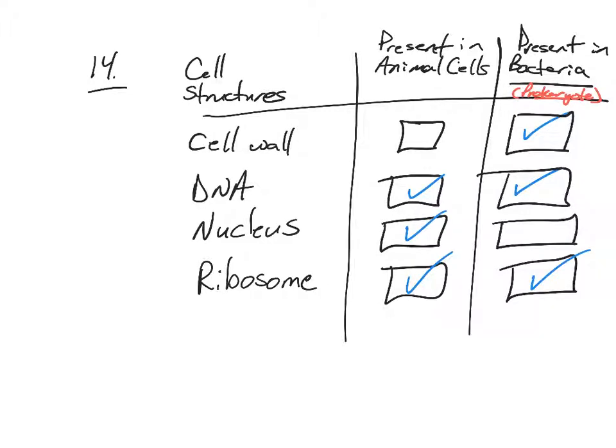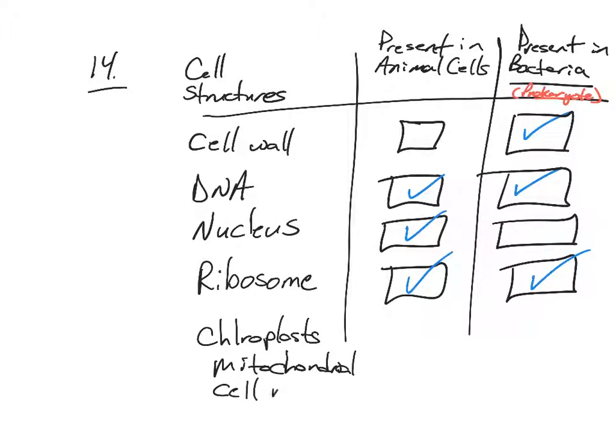Now, what other structures could they give you? They could give you chloroplasts, mitochondria, cell membrane. They can give you all those organelles, and instead of asking about bacteria, they might ask about plants, or fungus.